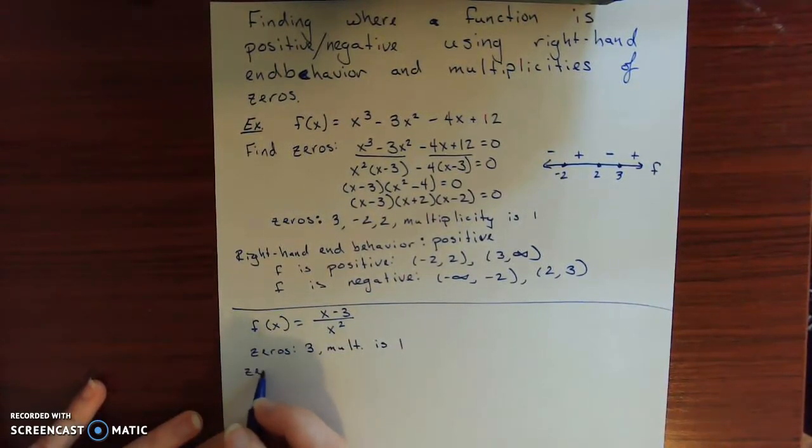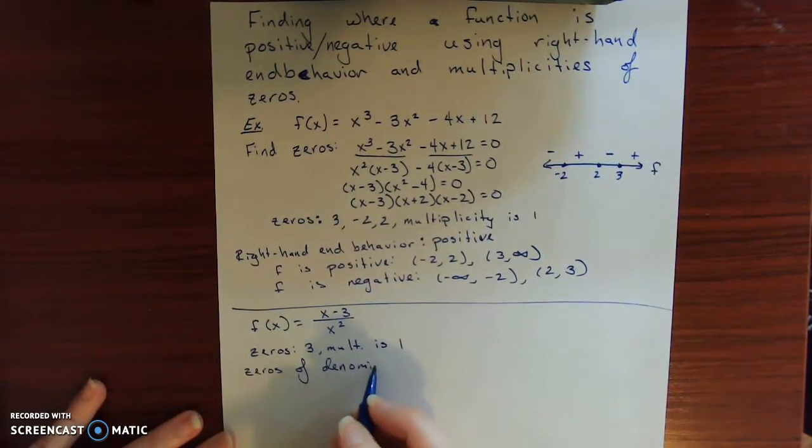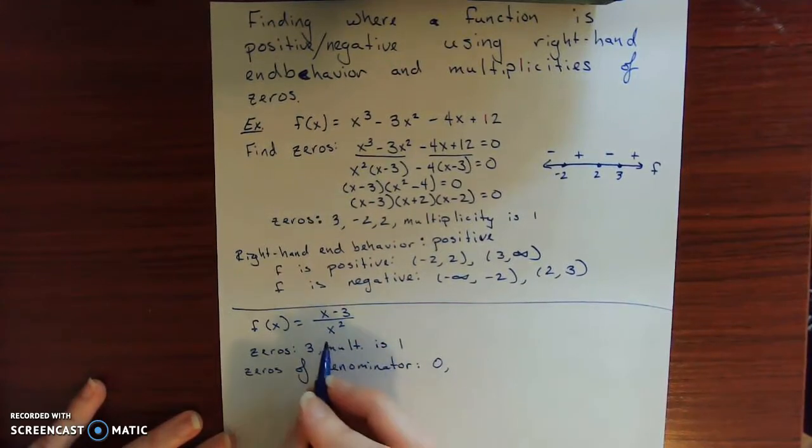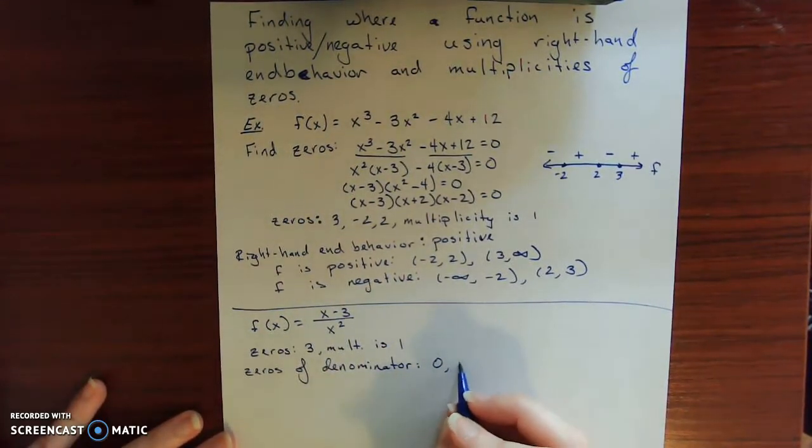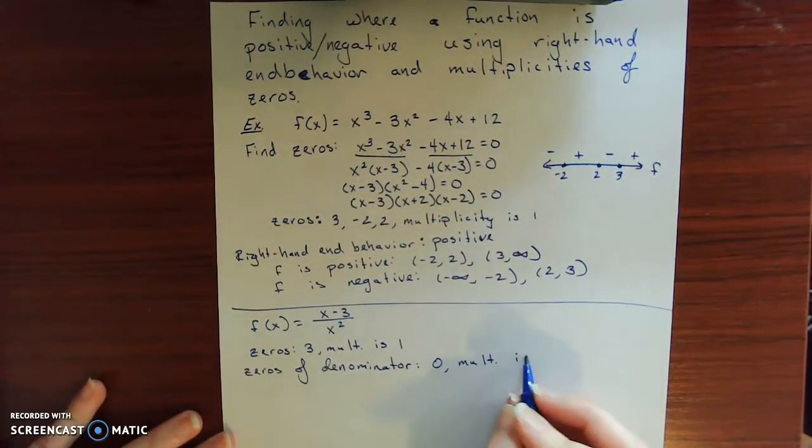But now I also need zeros of the denominator, which in this case is 0, but notice that factor is squared, right? X squared. So there, the multiplicity is 2, okay?